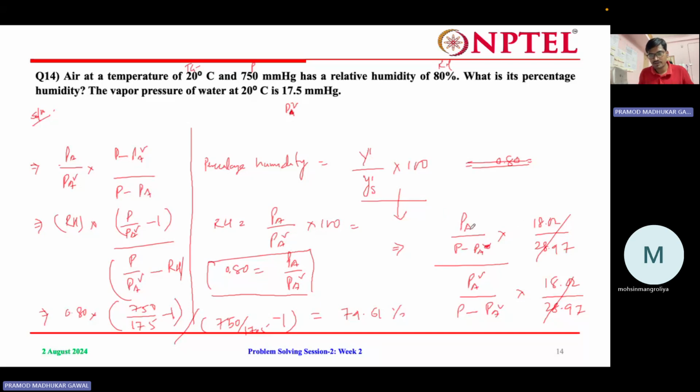So PA partial pressure divided by P minus PA, divided by vapor pressure divided by total pressure minus vapor pressure. So it will cancel, right? So after writing in this form, PA by PA vapor is the RH, right? So I convert these terms into RH. Put the value, you will get 79.61%.